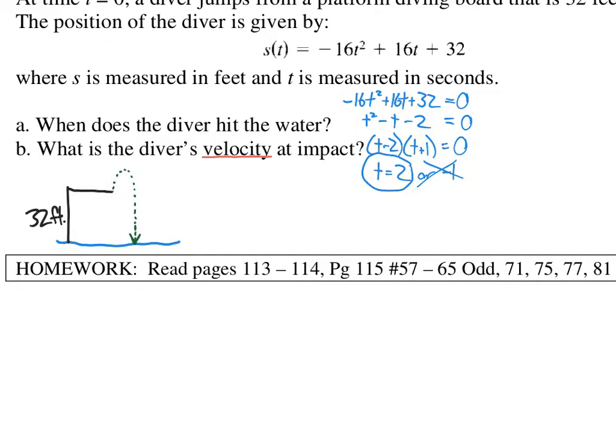If s is our position, or our height, the rate of change in our height is our velocity, okay? So velocity here is going to be our position that we take the derivative of. So what is the derivative of s of t?